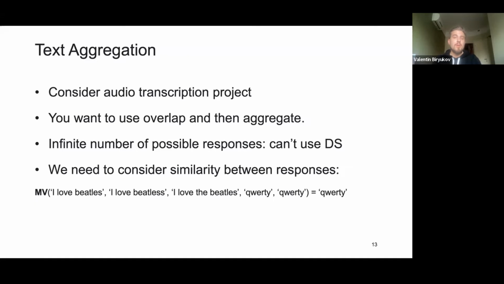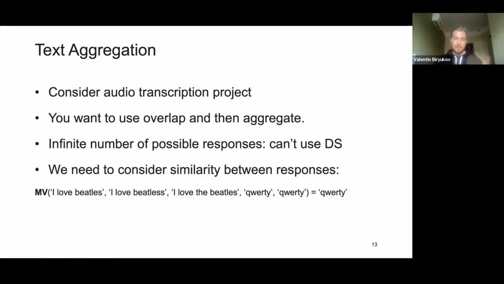But we may also want to use overlap, because, for example, in transcription tasks, or translation or image captioning, just one person may provide a mistake or incorrect data, and it's not a question for these people, it's a normal situation generally. But we want to reconstruct our algorithms for this situation.